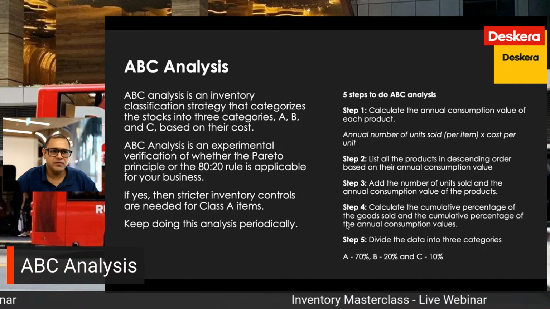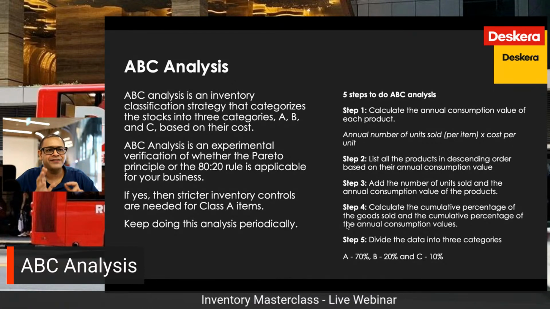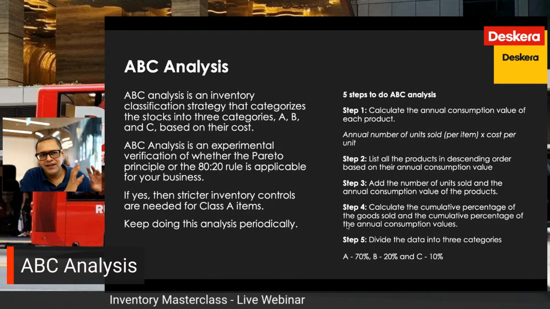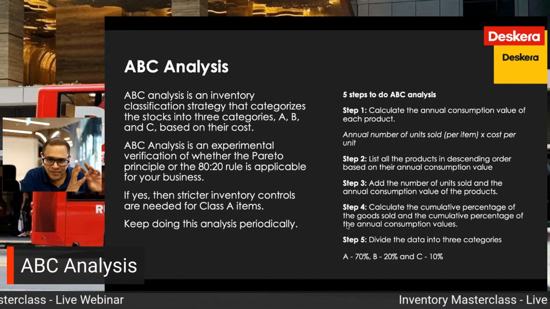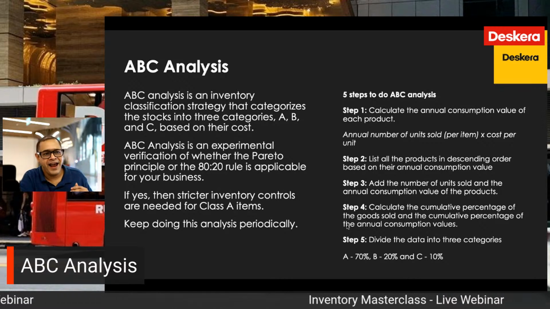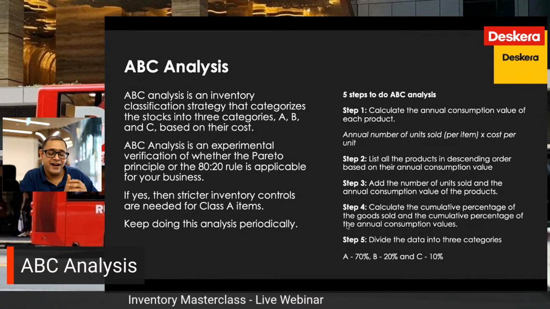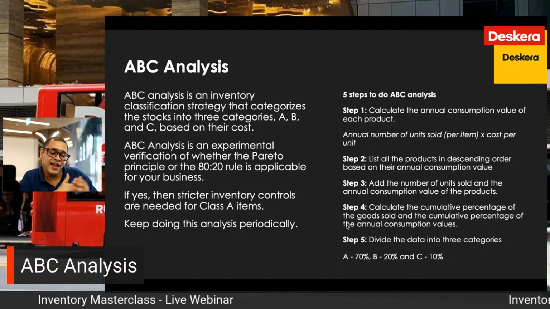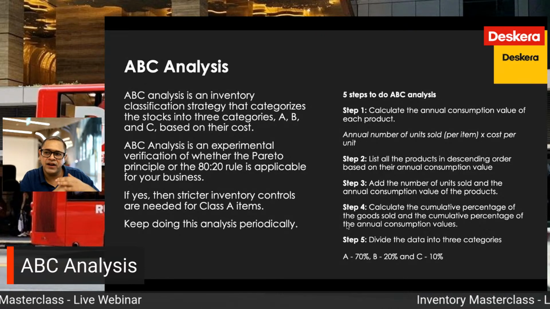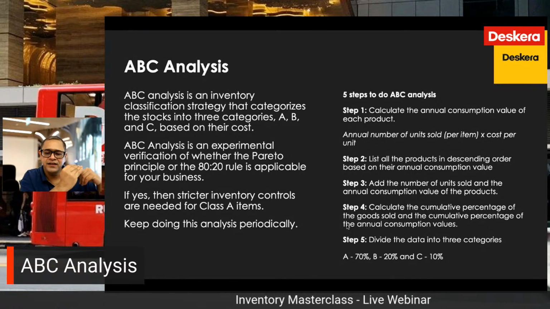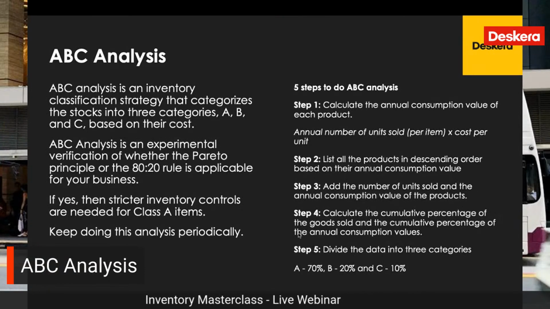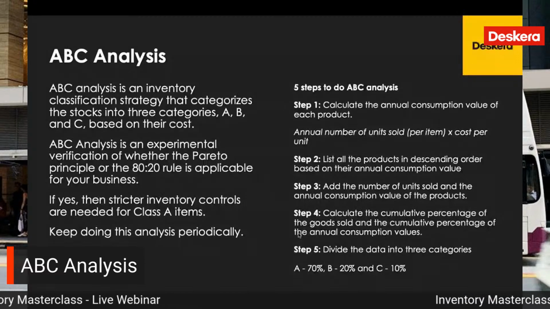So you want to focus on the most important inventory items in your portfolio, and start getting rid of the ones that are not doing so well. And that is what you can achieve with ABC analysis by breaking it down into 10, 20, and 70 based on the annual consumption value for each individual product.